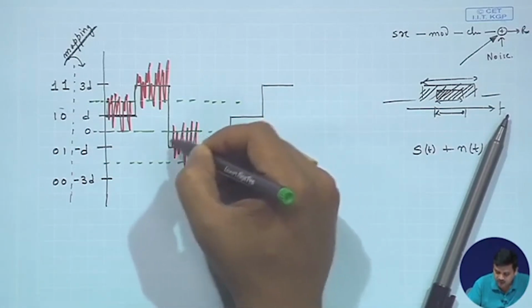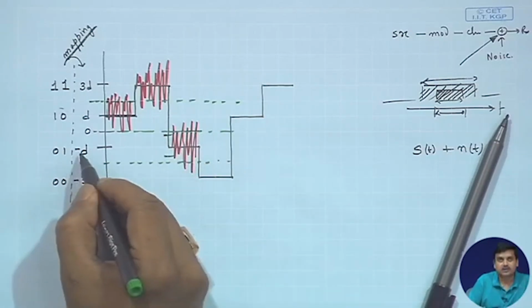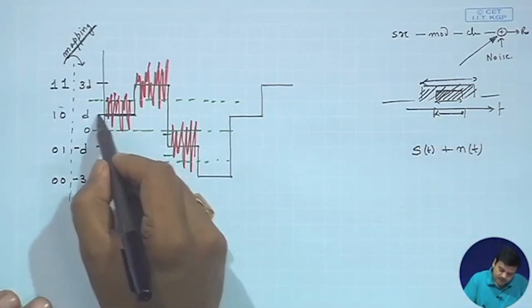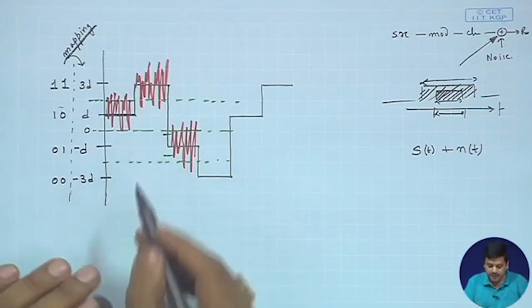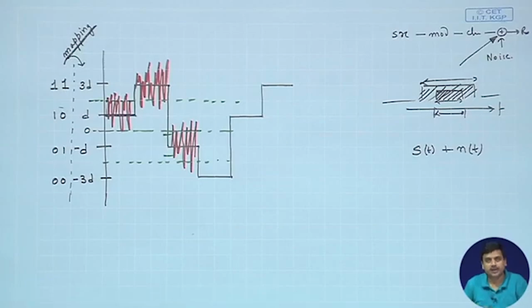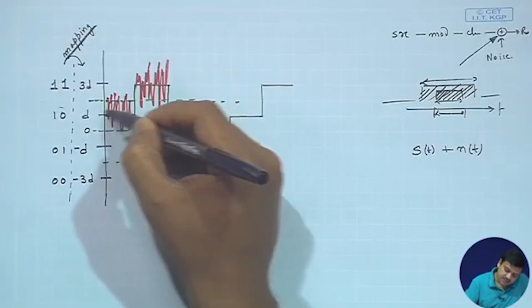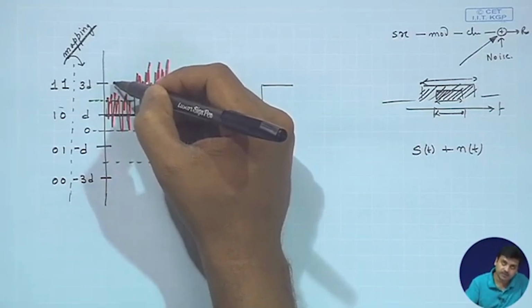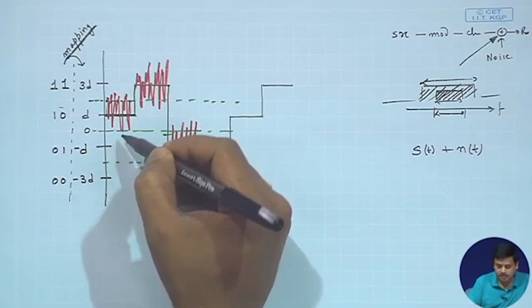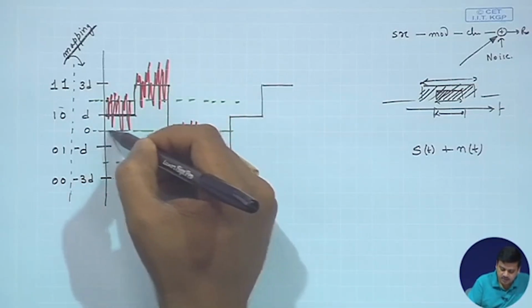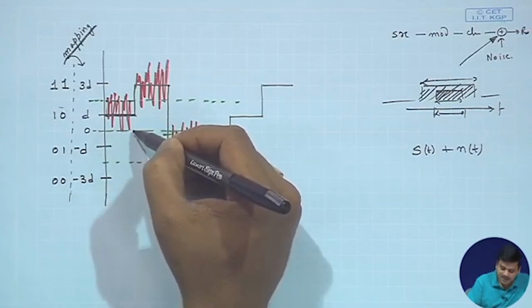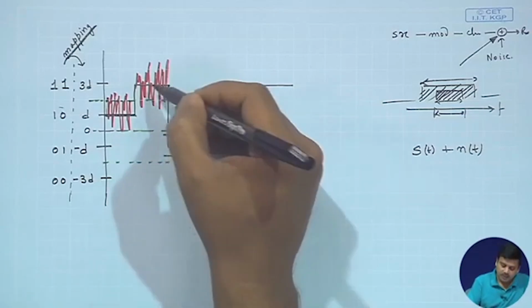If noise is restricted to within this level, in that case minus D would be detected as minus D. So, what I am trying to say is that when D is sent, it could be detected as D or 3D or minus D. Now, you could guess from this, we are not going into all details, which we will do at an appropriate time at a later part of the different modules of this lecture.